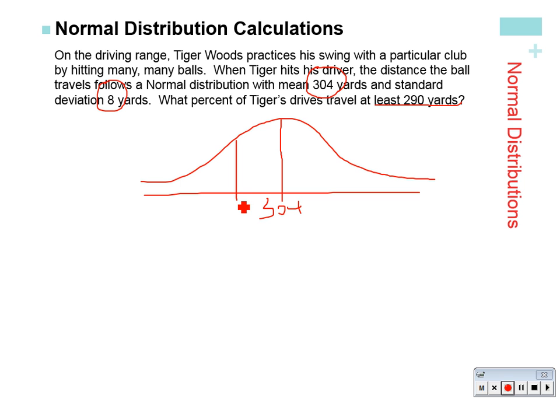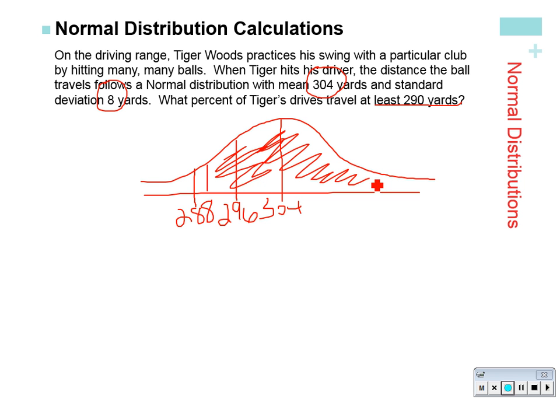So if I go one standard deviation from the mean, this is going to be 296. And if I go another standard deviation from the mean, this is going to be 288. So let's just approximate maybe 290 is right here. So what I want to know is what's the area under the normal curve that encompasses that right there. So you can clearly see it's going to be more than 50% of the time this is going to occur.